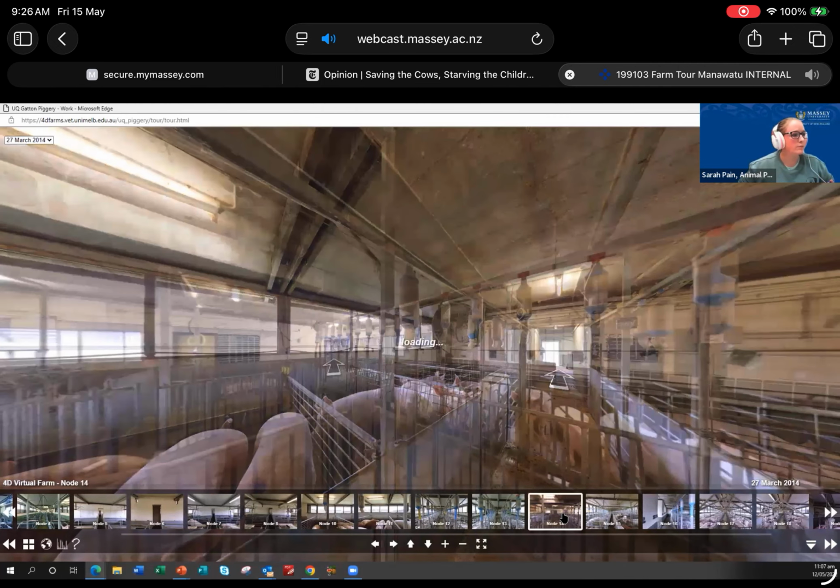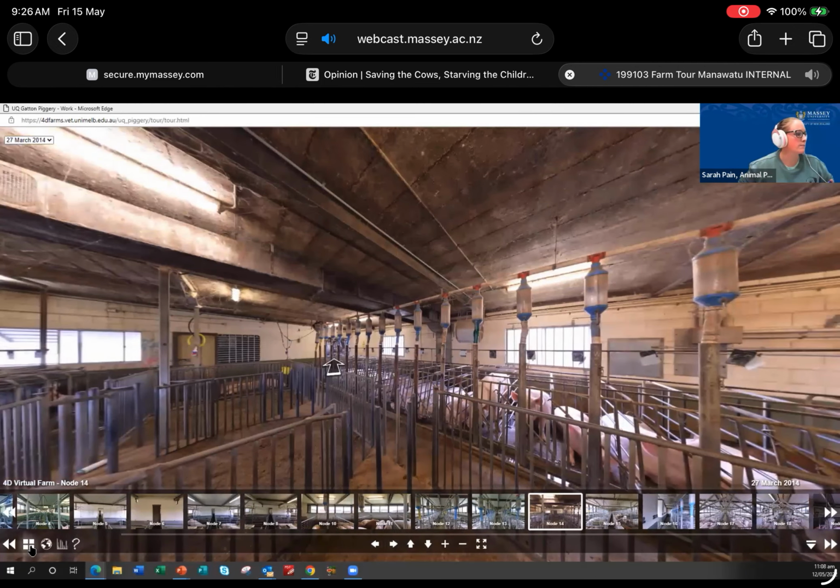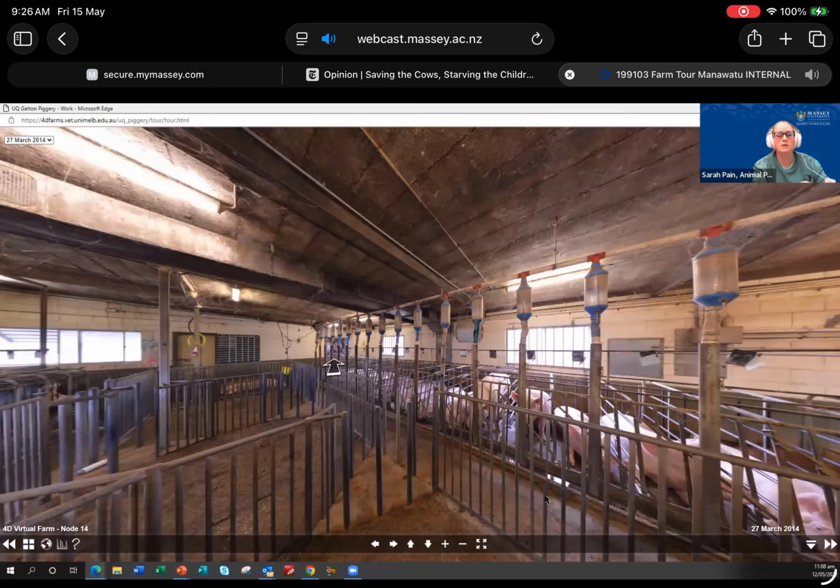If I come into here, this here is one of the mating pens. Pigs are interesting in the fact that for a female pig to come into estrus or exhibit heat, she has to have physical contact with the boar. So in order for her to actually exhibit heat and ovulate, she has to be in physical contact with a boar.